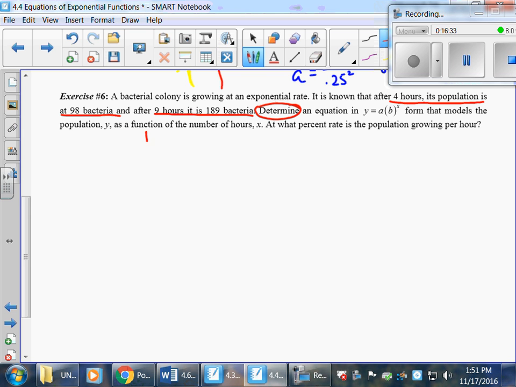You have hours and you have the population. So we have 9, 189, and our first one was 4, 98.